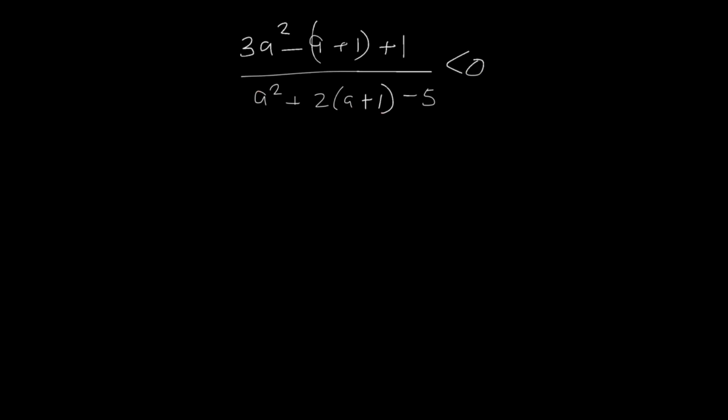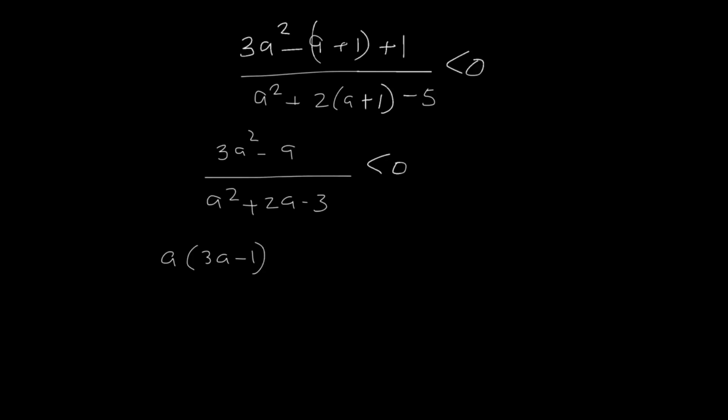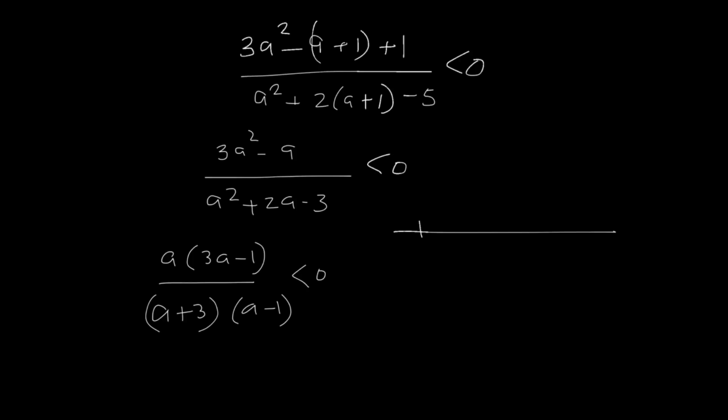Okay, now let's try to solve the inequality that we obtained just now. To solve this inequality, we can plot the number line and mark the points −3, 0, 1/3 and 1.